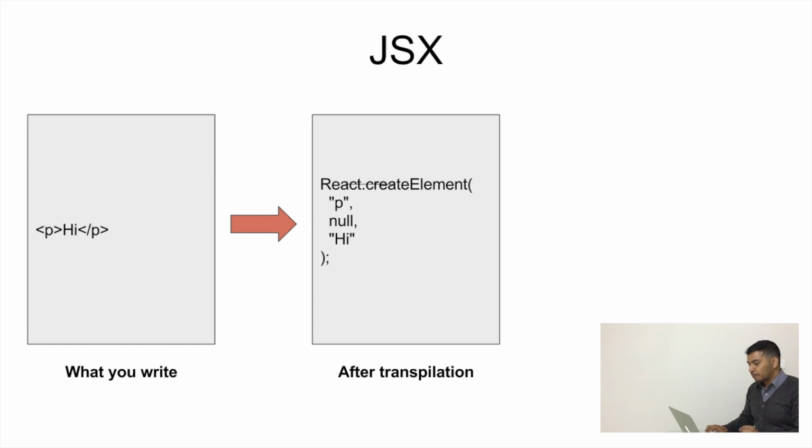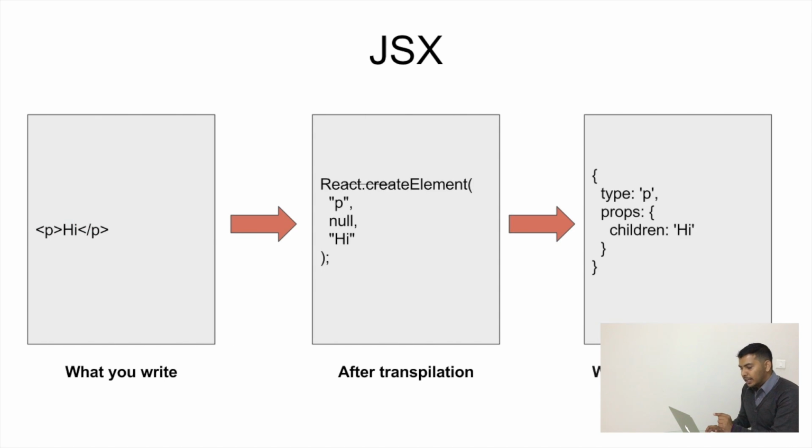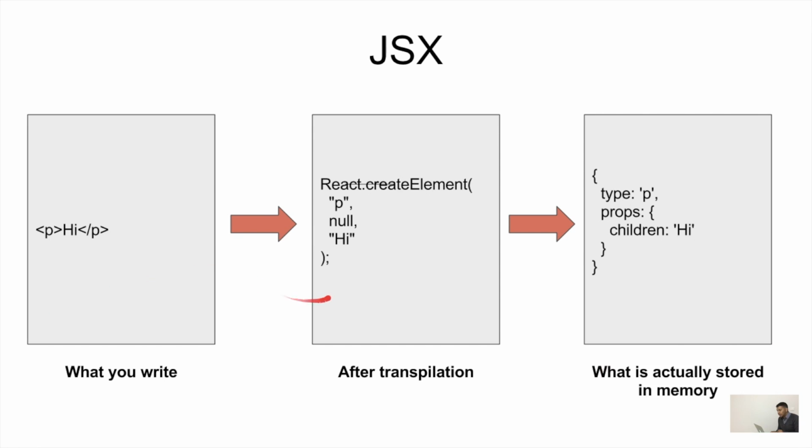So after transpilation, this is what is actually stored in the tree which React has built. React built this sort of tree which represents what kind of UI it should present to the user.